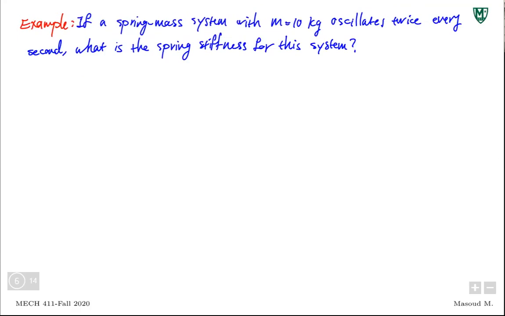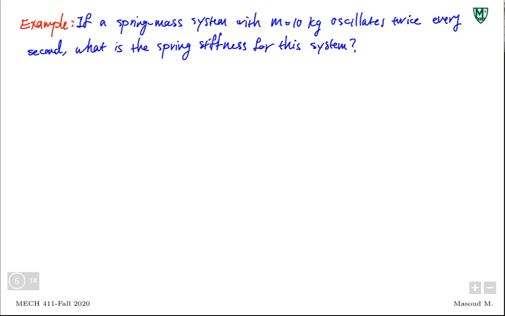Okay, what is the spring stiffness for this system? How do we do this? I know the mass of the oscillating system, and I am given that it oscillates twice every second. Now, when a system oscillates twice in 1 second, what is its natural frequency?